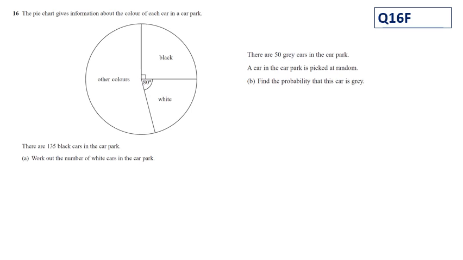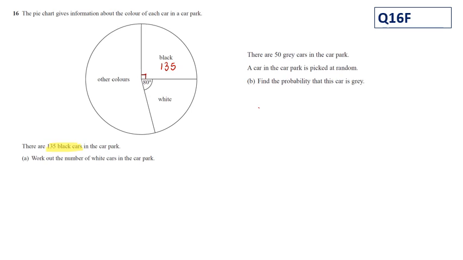So from the question, I've been given this piece of information that there are 135 black cars in the car park, and I also know that the proportion that represents the black cars is a quarter. I know that because this is a right angle, which is a 90-degree angle, and the full pie chart is 360 degrees. So I know that this represents 135.